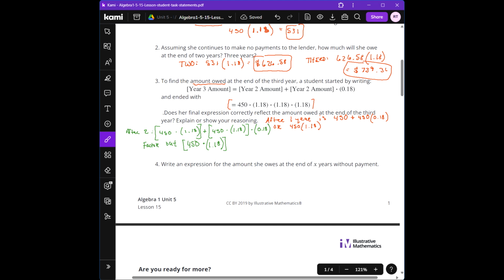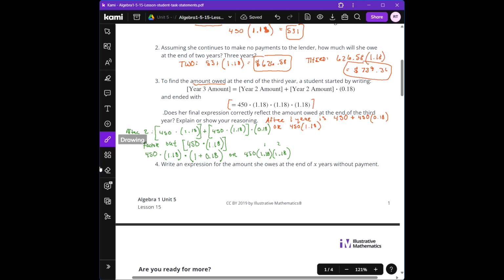We're going to factor that out of the equation, and we have 450 times 1.18 times (1 plus 0.18), or we can write it as 450 times 1.18 times 1.18. And so now this is our first year, our second year.